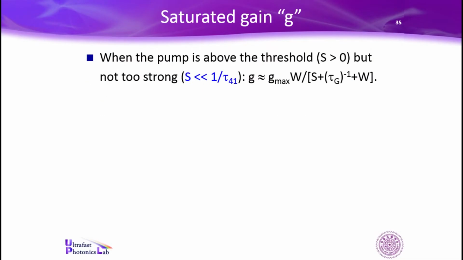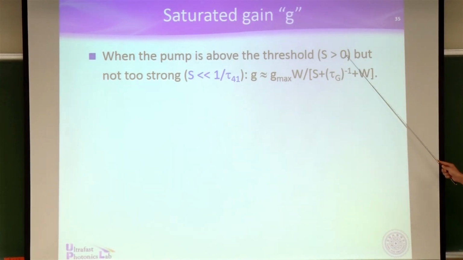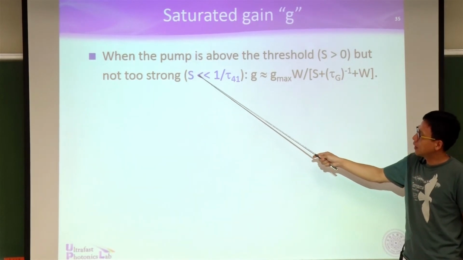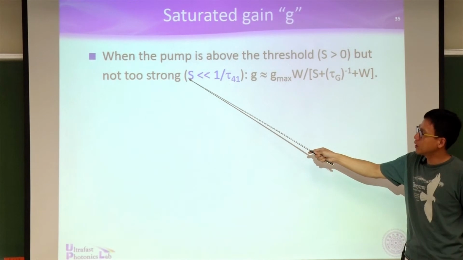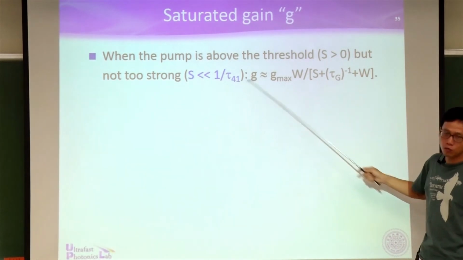Saturated gain. When the pump is above the threshold, we have lasing. So stimulated emission rate is positive, but we also assume the pump is not too strong, so stimulated emission rate has to be much less than 1 over tau g.